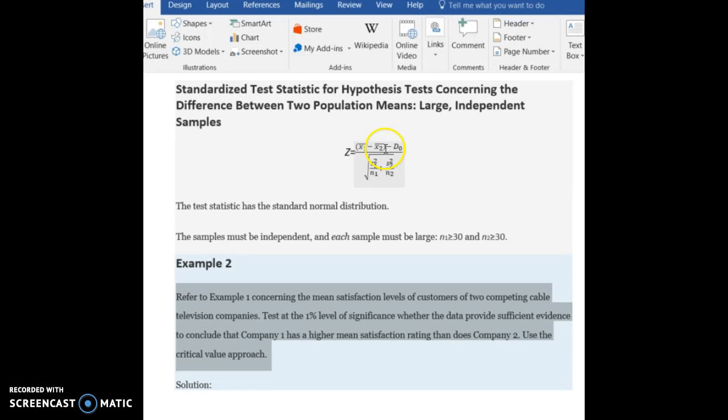D sub 0 is what was in our null hypothesis, and we have 0 for our null hypothesis, so that part is not going to make a huge difference. This part, the square root, was actually in our confidence interval as well. I did that step by step, so we can go back and get that value without having to redo it.